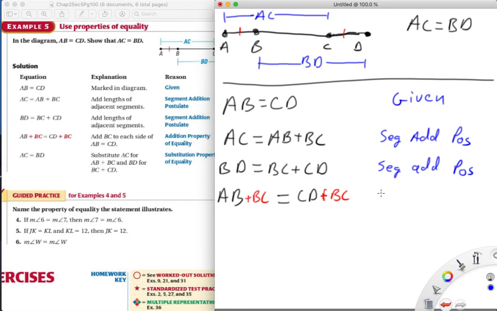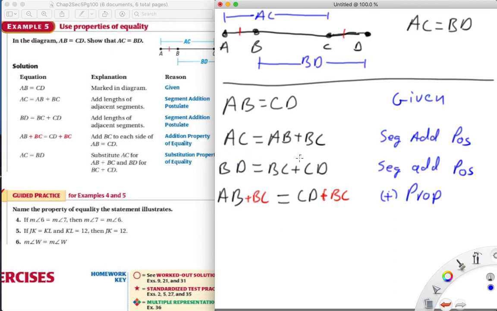So we can say that through the addition property of equality, they are missing a step that I would put in there, but I guess you can skip it. That is true, right?